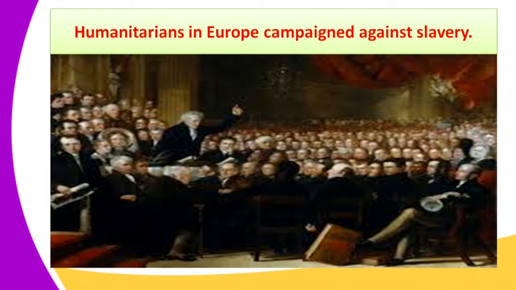Adam Smith was an economist in Europe, and he came up with the theory that free labor is even more productive than slave labor. So this fact, among many others, led Europeans to campaign against slavery. So they came to Africa so that they could stop slavery, which was actually a trading activity, and they replaced it with legitimate trade.